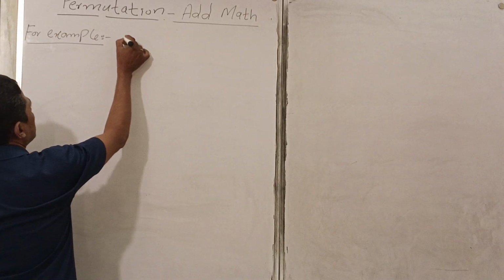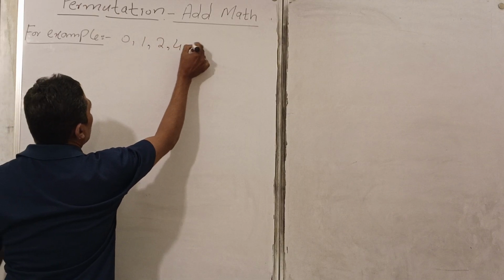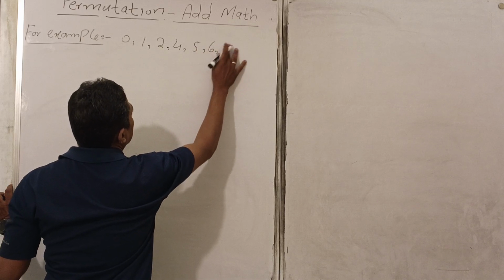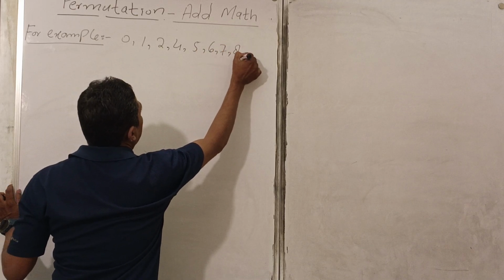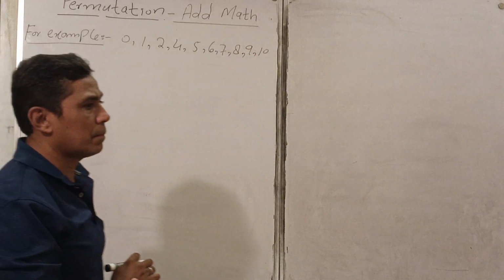Let's say the number series is 1, 2, 3, 4, 5, 6, 7, 8, 9, 10.